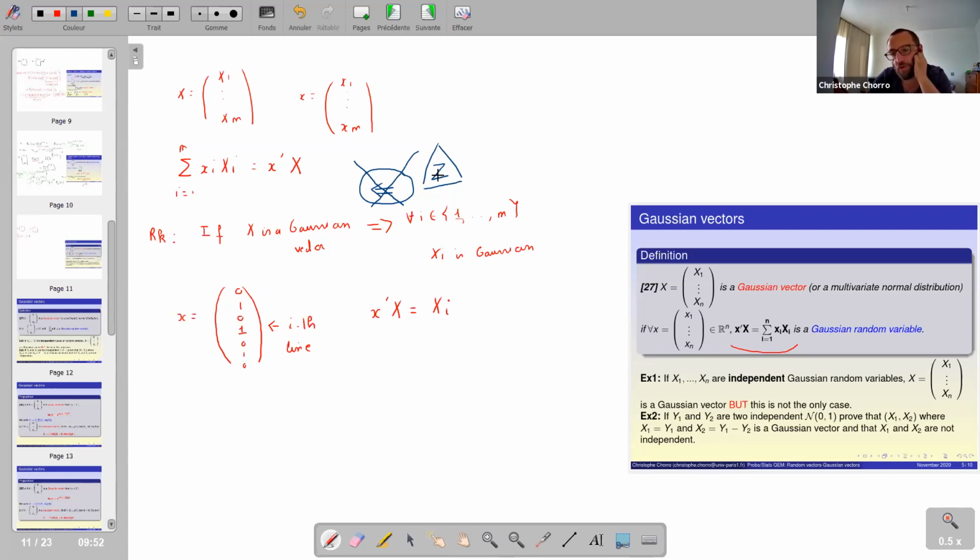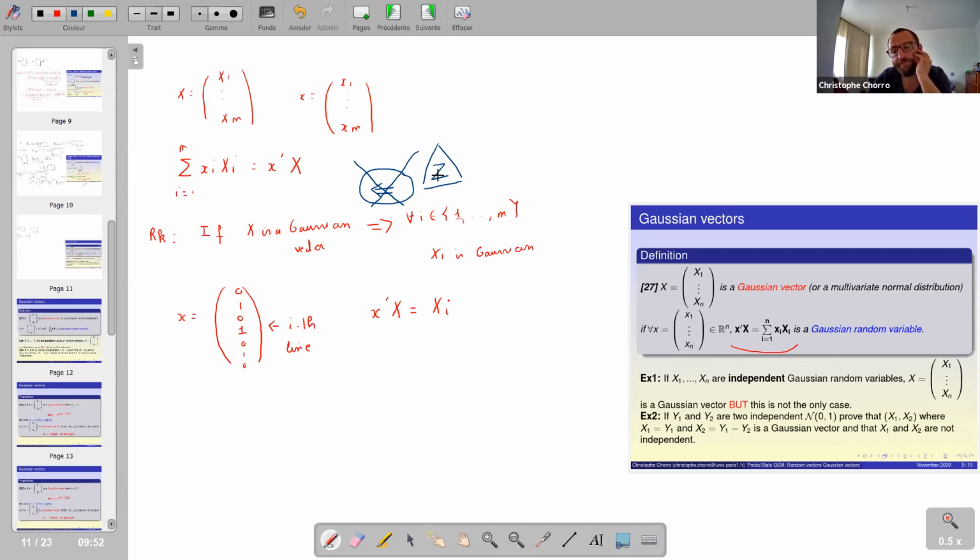The definition of a Gaussian vector is more restrictive, in the sense that any linear combination of the components has to be Gaussian, not just the special linear combinations that give the components.